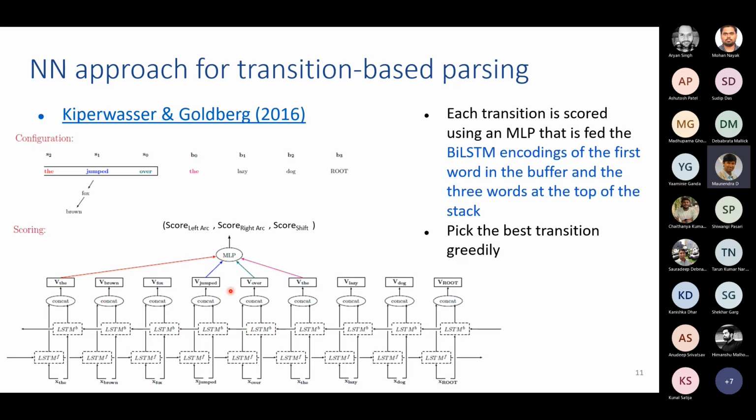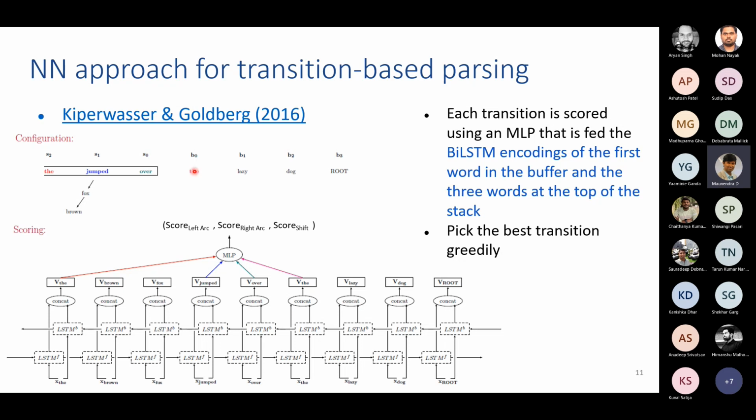And then they look at the current configuration of the stack. Suppose we have jumped and over in the stack, S0, S1, S2, and then the current word that we are looking at is the.